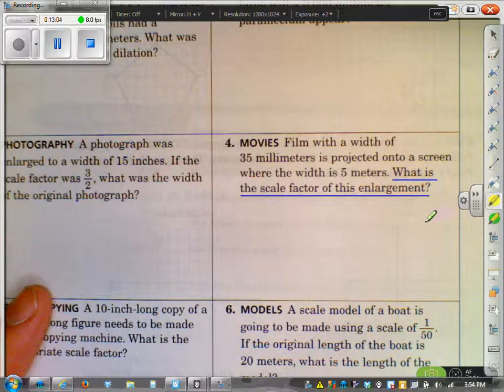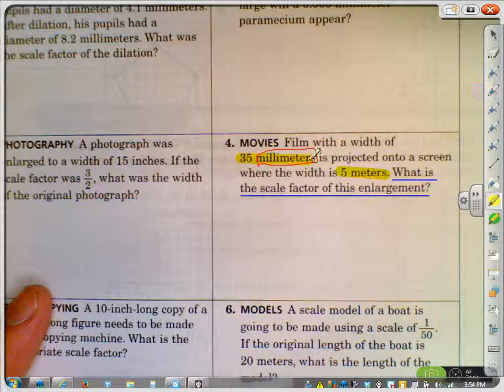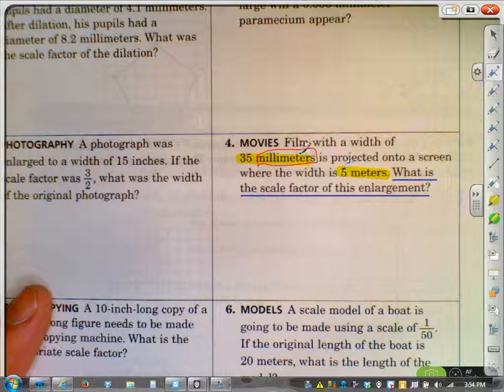Important information: the film width was 35 millimeters. That's important, right? And then the screen width is 5 meters. So we're going to have to do some converting here. I say we convert meters to millimeters. That just sounds easier to me.